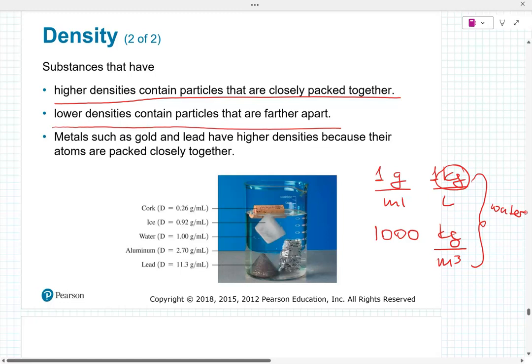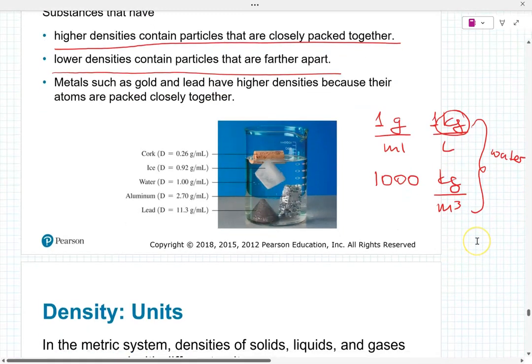But my point is that we often refer to the density of water as 1. If the density of a substance is less than the density of water, what's going to happen to that substance? Is it going to float or is it going to sink? Less than water, float. More than water, sink. Okay? Does that make sense?